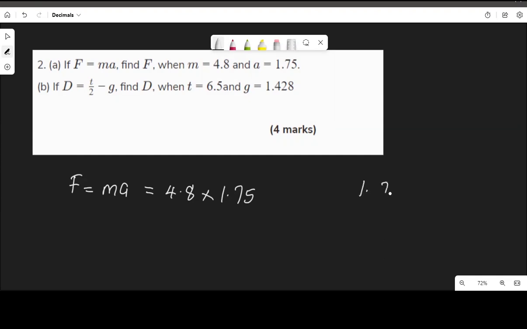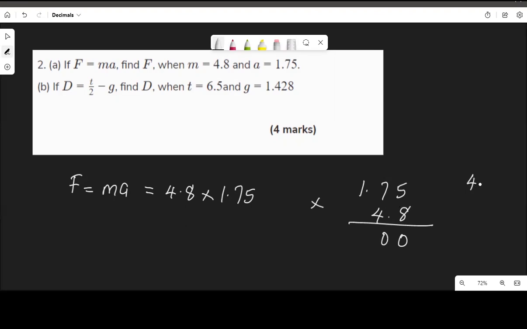So 1.75 multiplied by 4.8, that will be 8 times 5 is 40, right? 0 carry 4. 8 times 7 is 56. 56 plus 4 is 60.